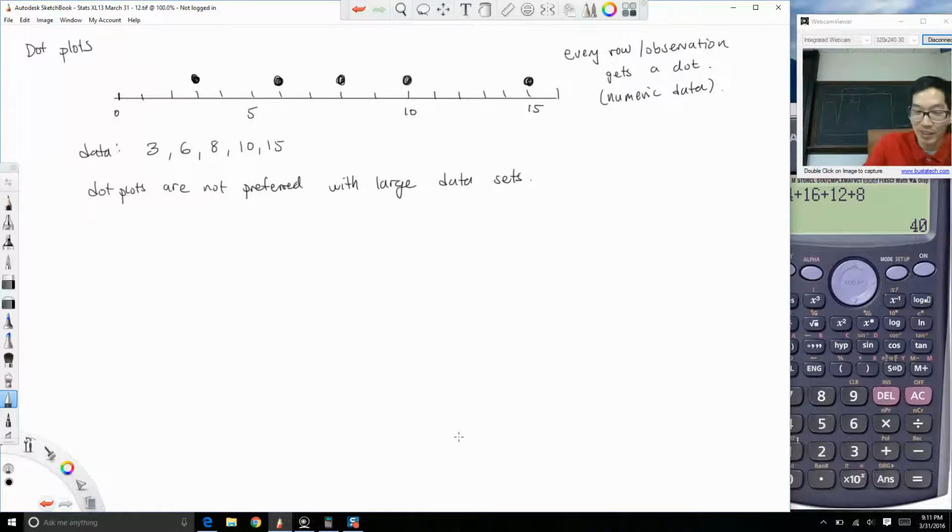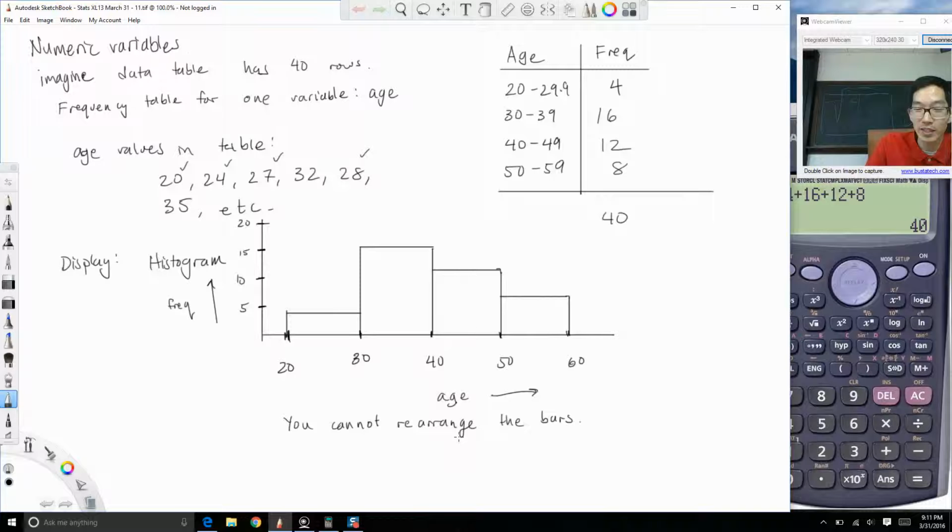With the histogram, you lose the individual detail. You don't really get to see whether most of these people are in their early 30s or late 30s or whatever. You just know they're 30 to 39 or something like that.